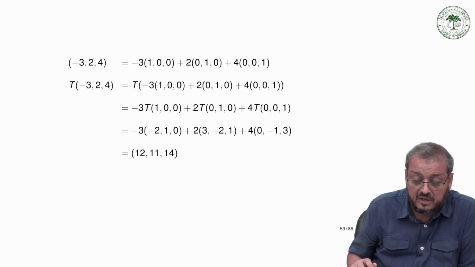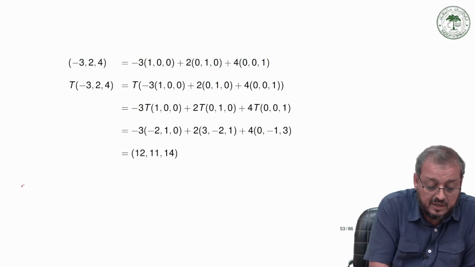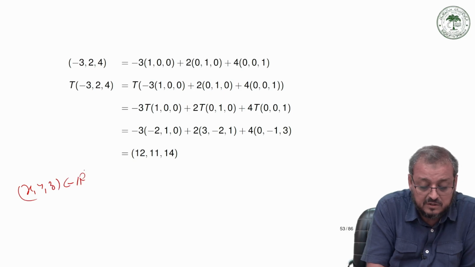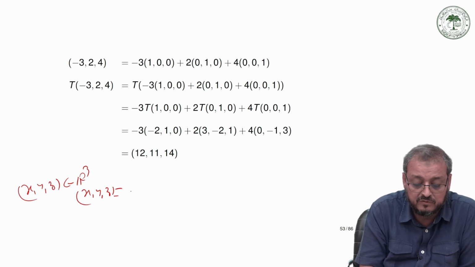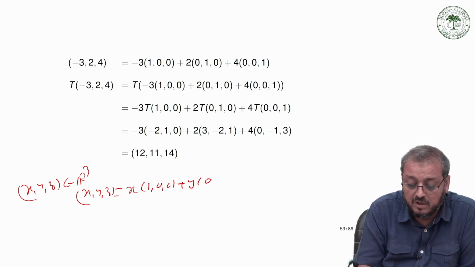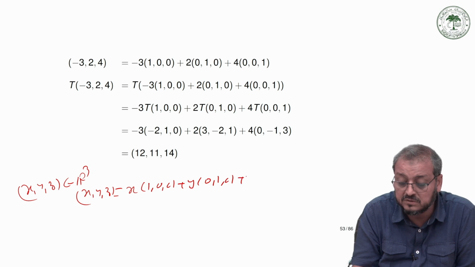Take (x, y, z) as an element of R3. Then (x, y, z) can be written as a linear combination of the elements of the basis: x times (1, 0, 0) plus y times (0, 1, 0) plus z times (0, 0, 1).